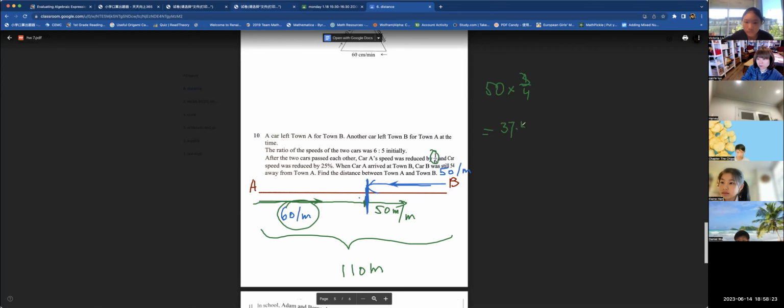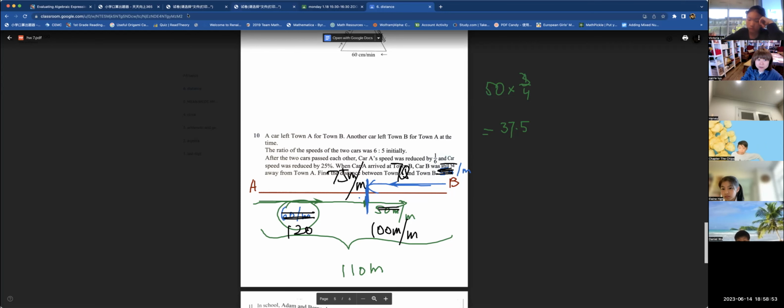Now, I don't like decimals, so what do we do? It means our starting numbers weren't good. Let's use 600 and 500, and 120. So this one became 100 meters per minute, and this one became 75 meters per minute after the meeting. Correct, everybody? Because I am the one making this fake data, I can do whatever I want.